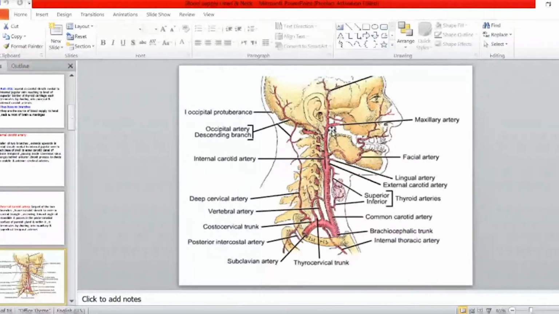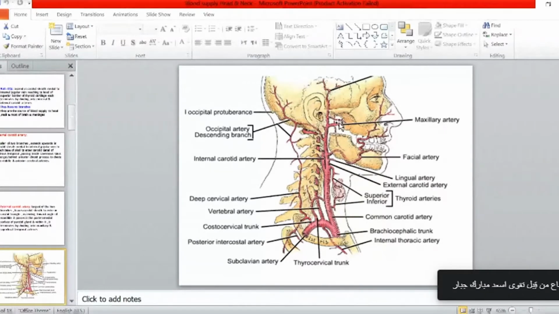If you remember, these are non-glandular structures within the parotid gland: the terminal portion of the external carotid and its two terminal branches, the superficial temporal and maxillary artery.